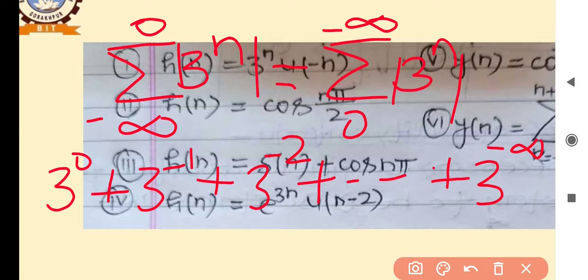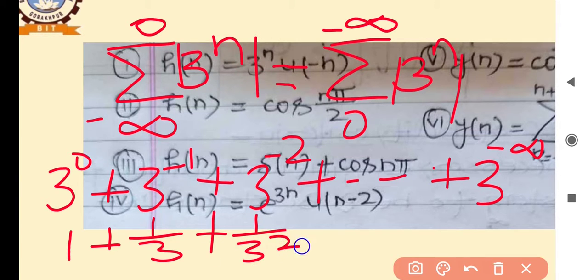Or we can say that it will be 1 plus 1 by 3 plus 1 by 3 square plus so on up to 1 by 3 power infinity.